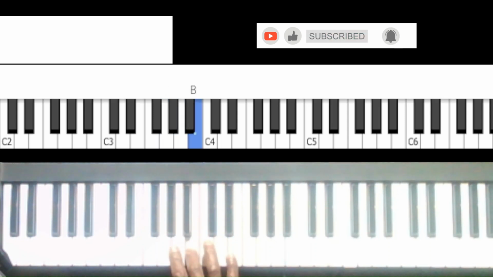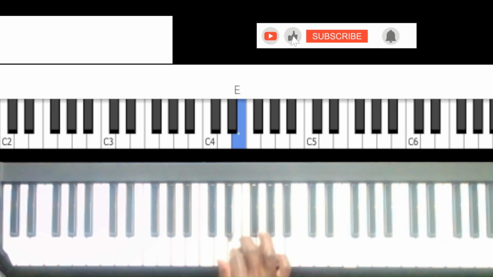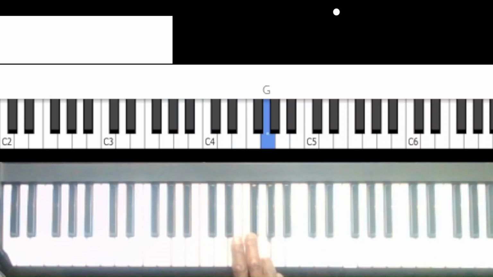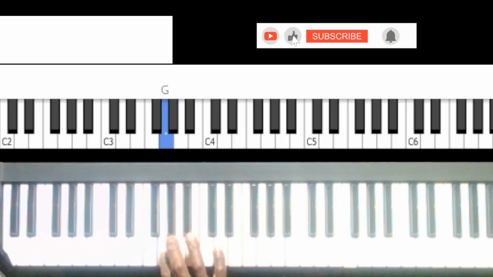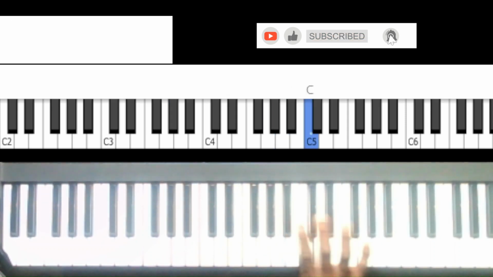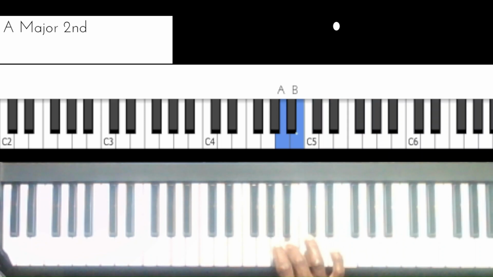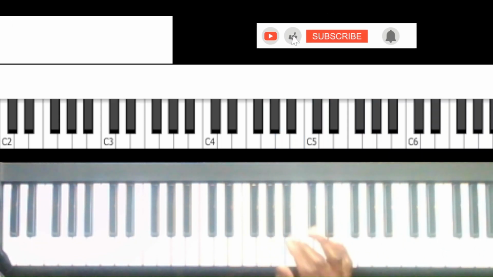So, ti, la, do, re, mi, fa, so. So that is the Mixolydian.